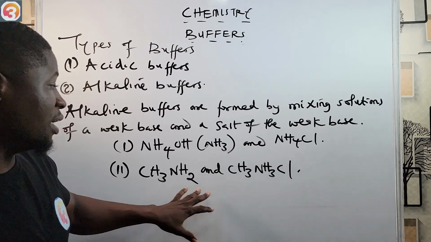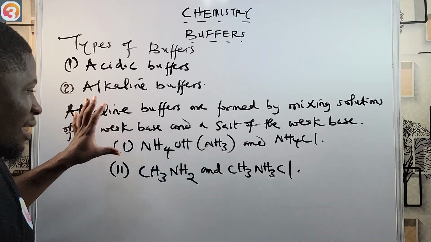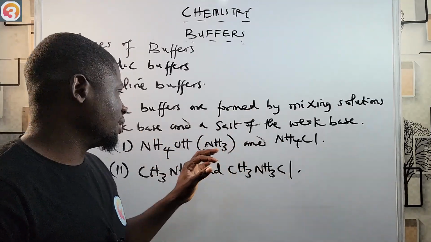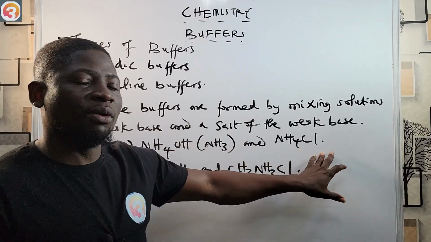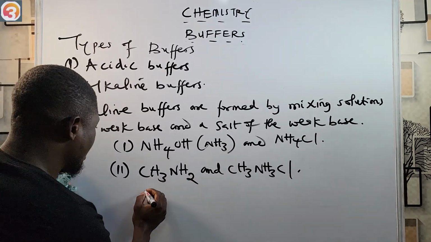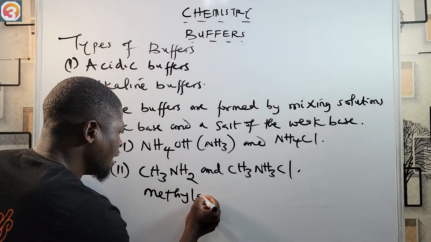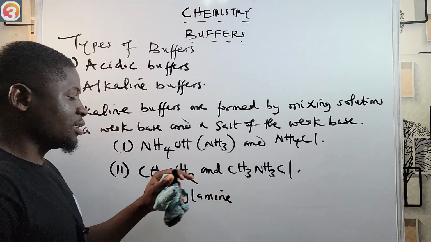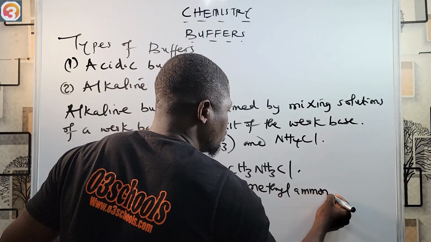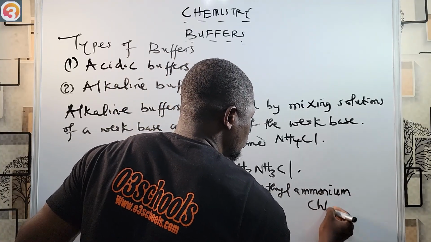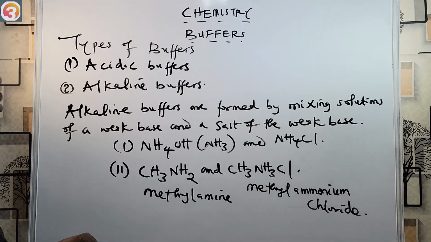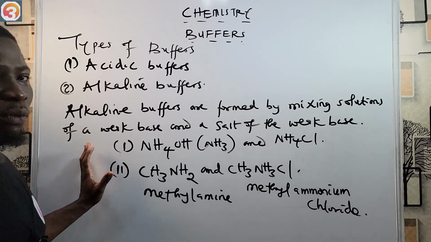These are examples of alkaline buffers. We have ammonium hydroxide and ammonium chloride, and we are also seeing methylamine and methyl ammonium chloride. So these are alkaline buffers.